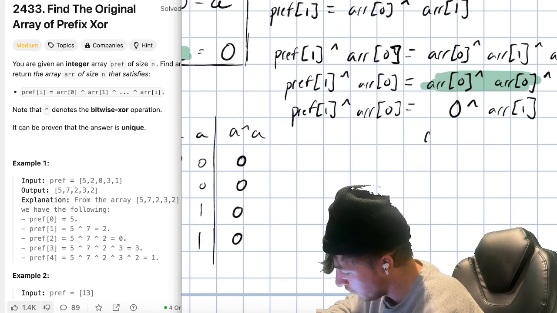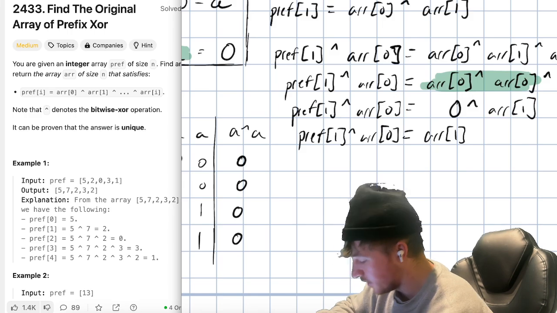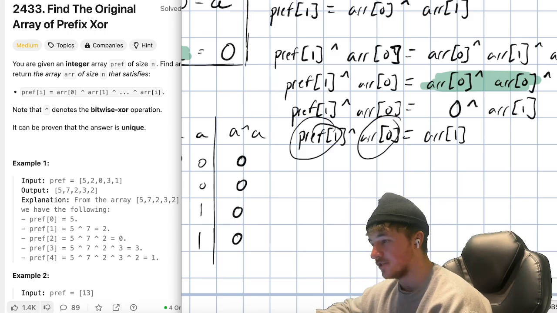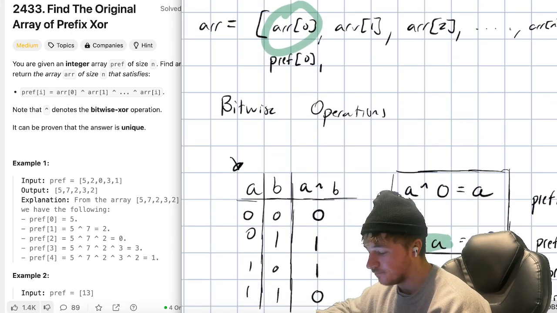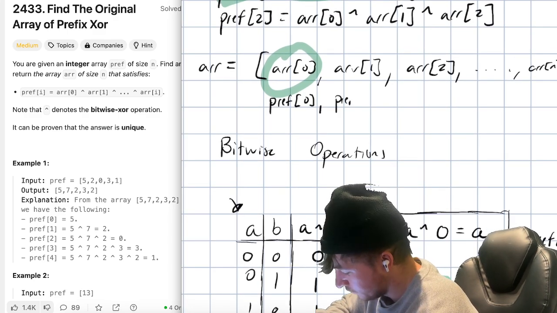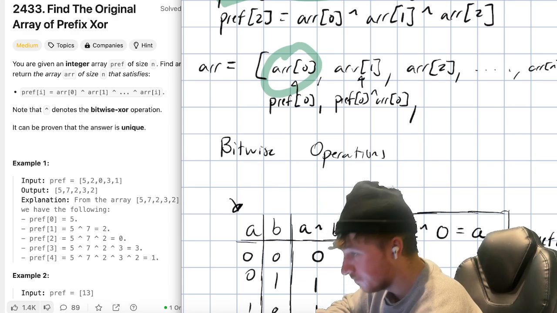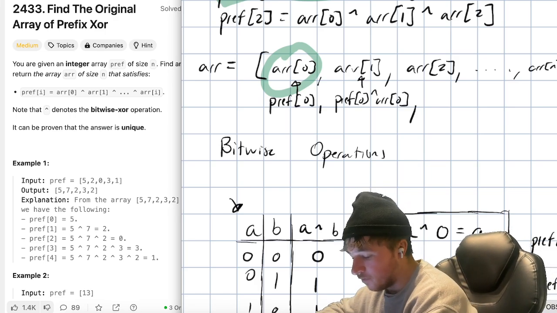That means array 1 equals pref of 1 XOR array 0, and these are both things that I know. So in this spot, I can just put pref of 1 XOR pref of 0, and that's what will be in this second slot here. So that's what equates to this. Okay. Now what about array 2?